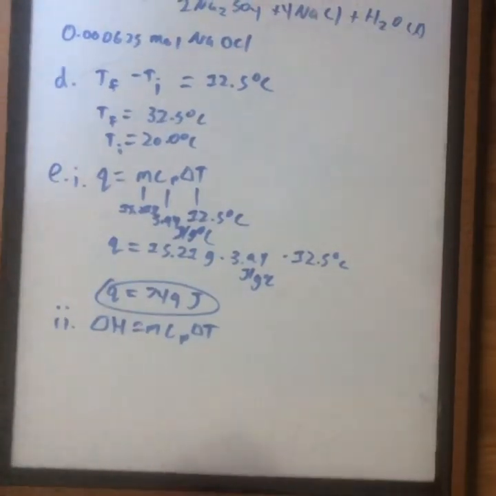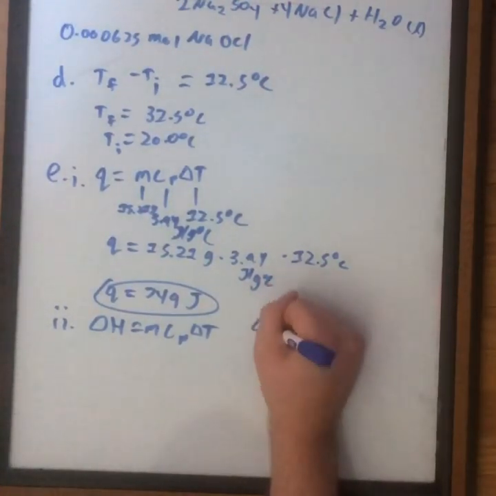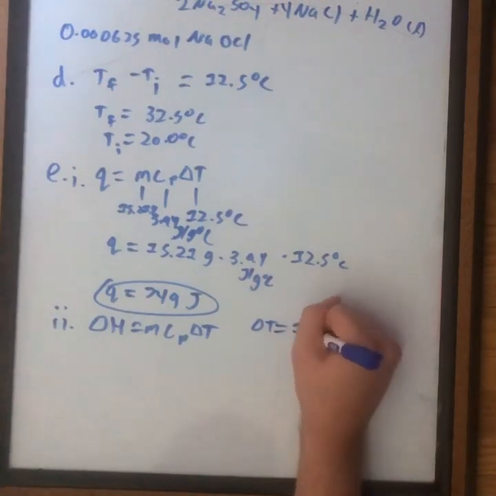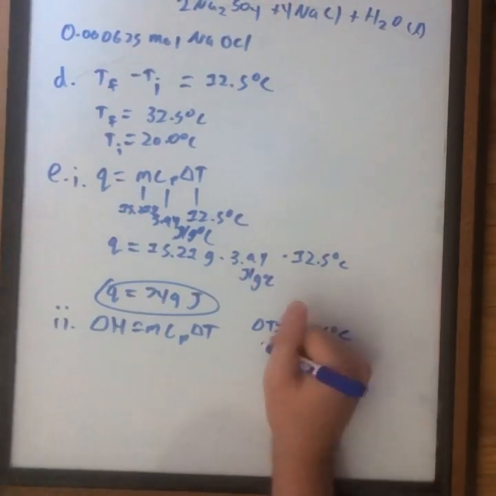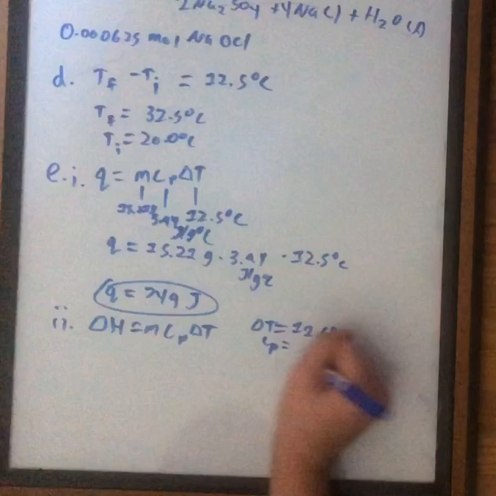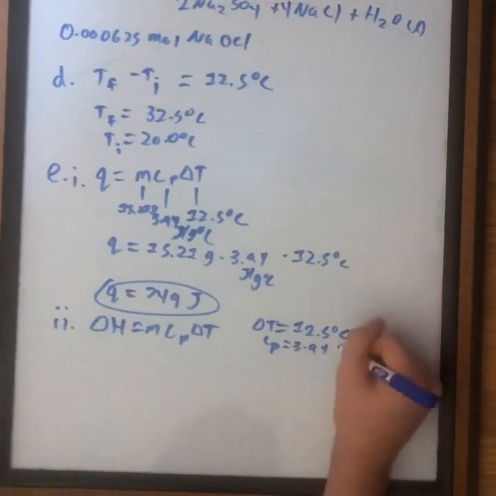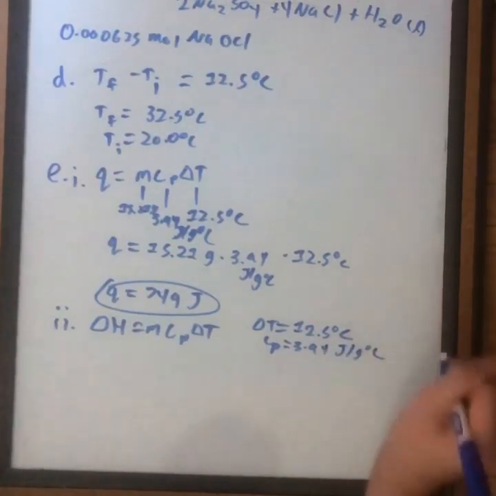Part 2. Using the balanced equation for the oxidation-reduction reaction and your answer to Part C, calculate the value of the enthalpy change of this reaction, delta H, in kilojoules per mole. Include appropriate algebraic sign with your answer.